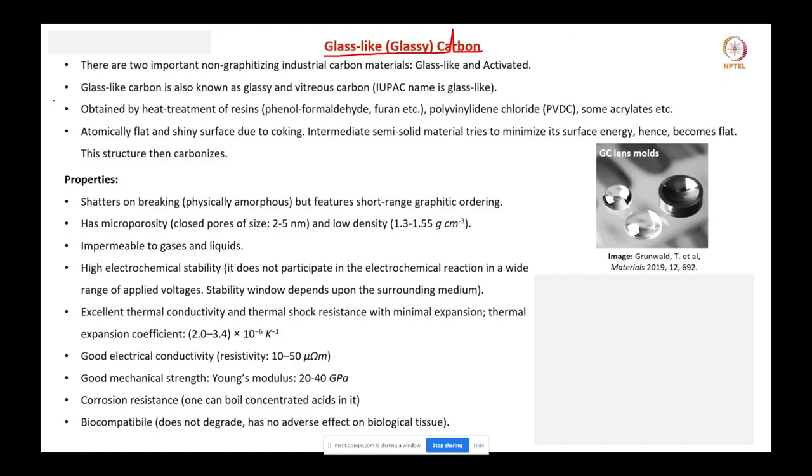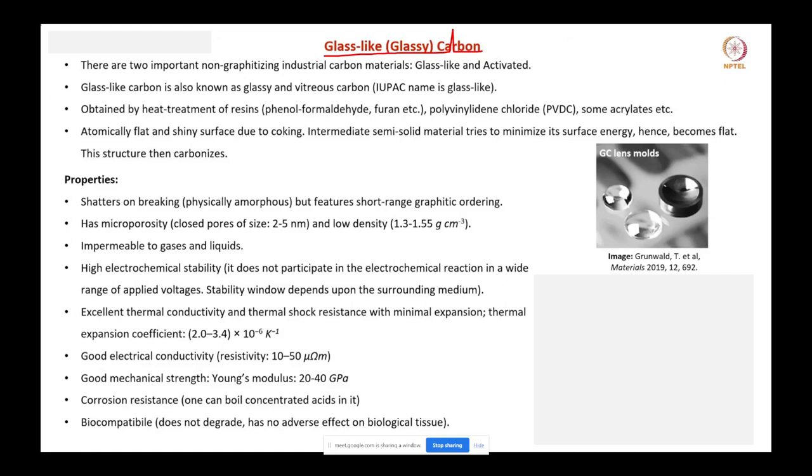If you remember the chart where I showed all these structures, glassy carbons, carbon nanotubes: glassy carbon is non-graphitizing and it can be used as an electrode material.